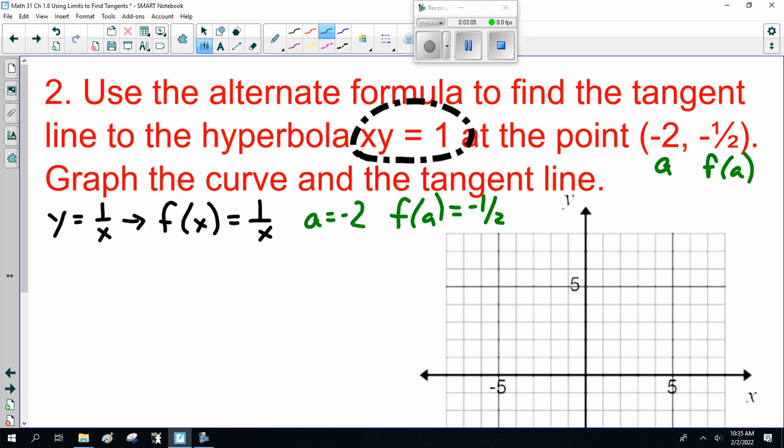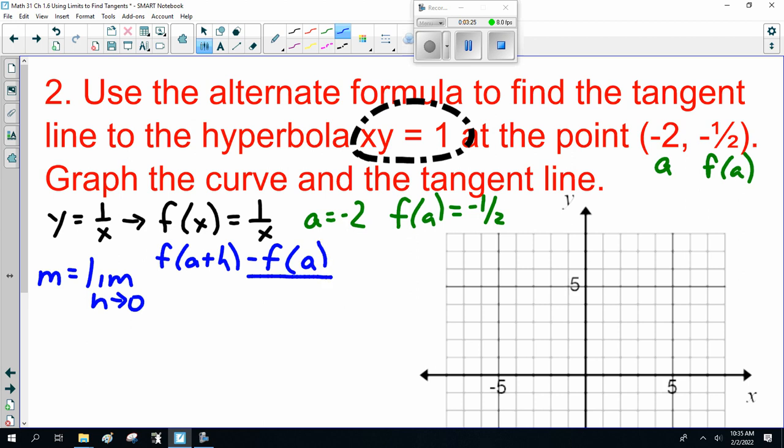So the slope m is the limit as h goes to 0 of f of a plus h minus f of a, all over h. Once again, I'm going through this kind of fast.